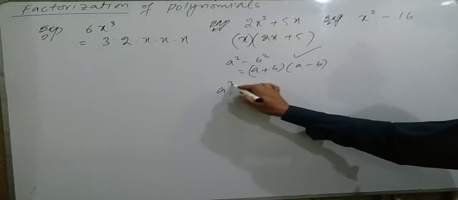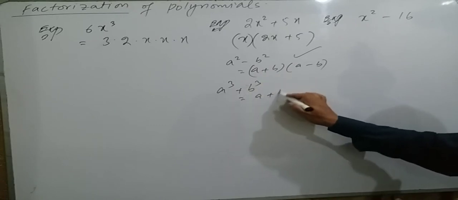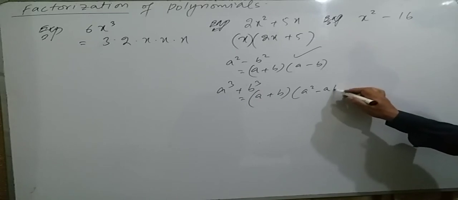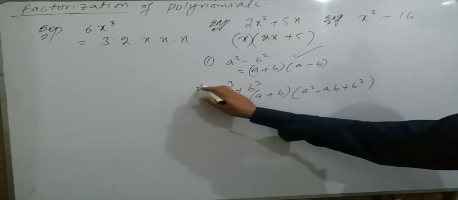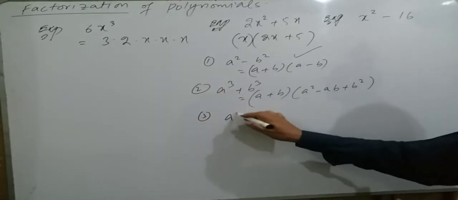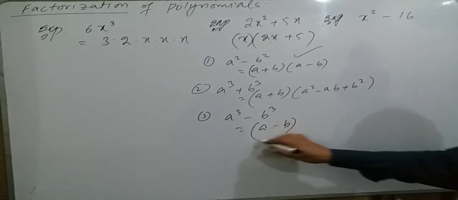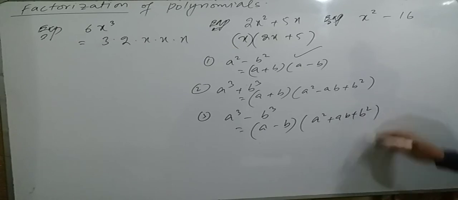Another one is a^3 + b^3 = (a + b)(a^2 - ab + b^2). Another formula is a^3 - b^3 = (a - b)(a^2 + ab + b^2).